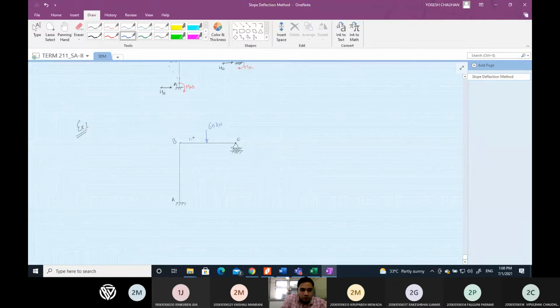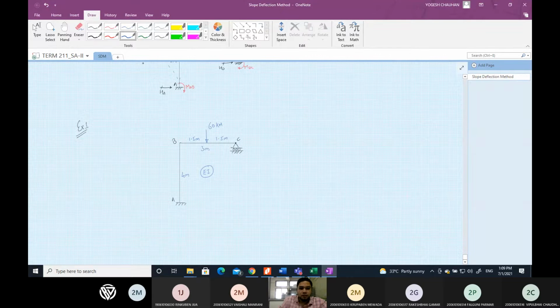This is 1.5 meter, this is 1.5 meter, so total is 3 meter. EI is constant for this problem. AB is 4 meter. And we have to analyze this frame.